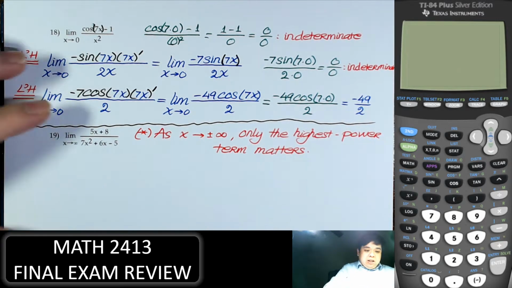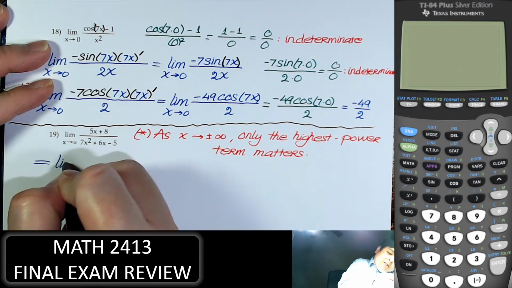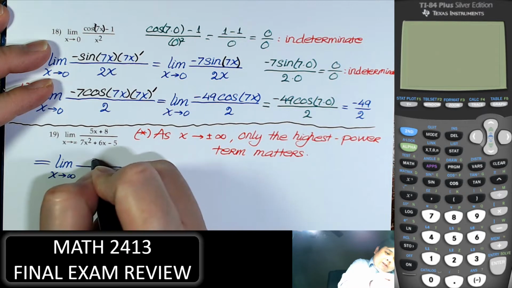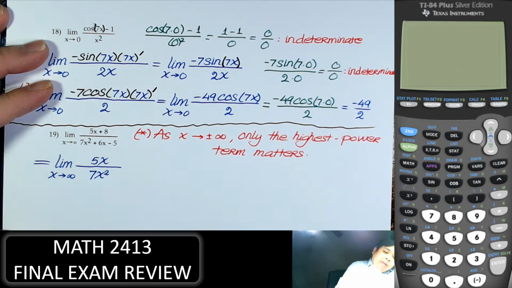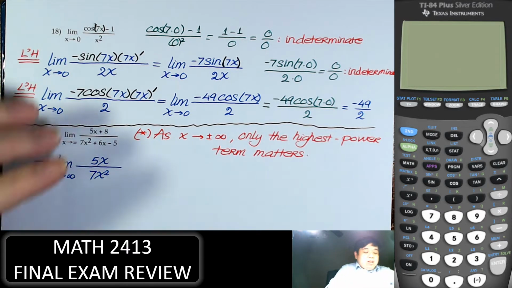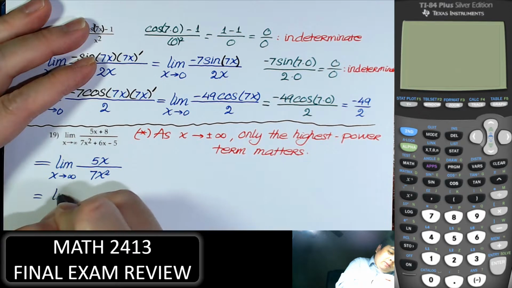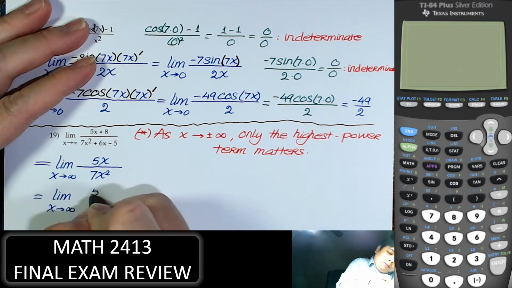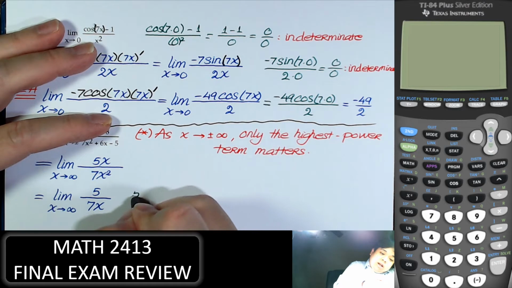So in that case, we'll just take the highest power term and cancel out 1x. Then we can substitute in. Let's see what happens.